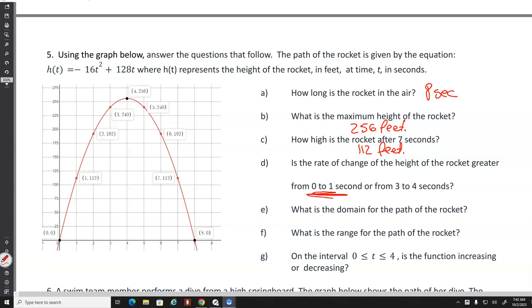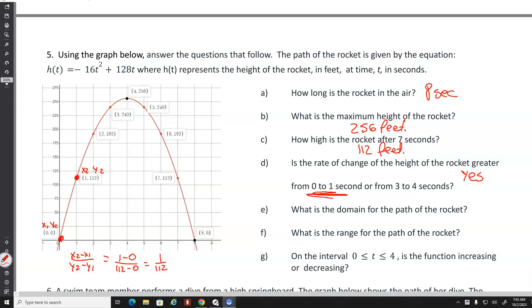We can use the slope formula, so this is going to be x1 and y1 and x2 and y2. I'm going to subtract 1 minus 0, because the formula is x2 minus x1 divided by y2 minus y1. So 1 minus 0 divided by 112 minus 0, so that's 1 over 112. So yes, it is positive and greater. Okay, so that's a yes. This is the slope formula, the rate of change.